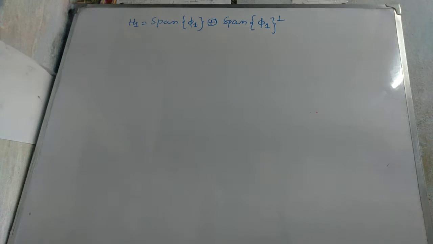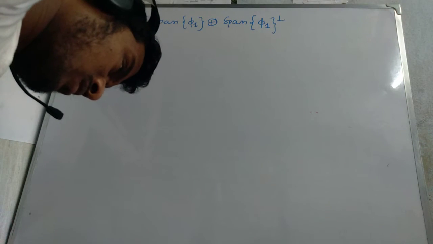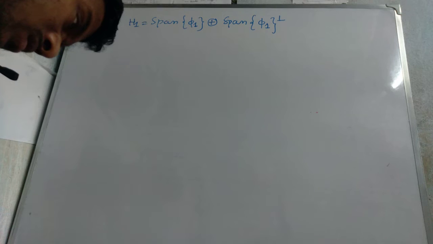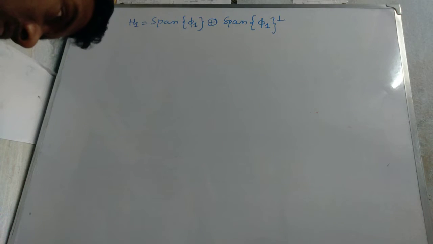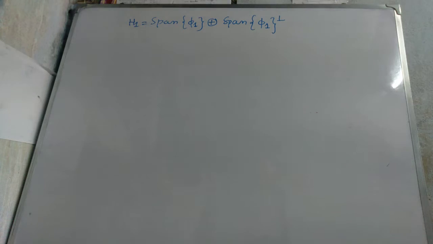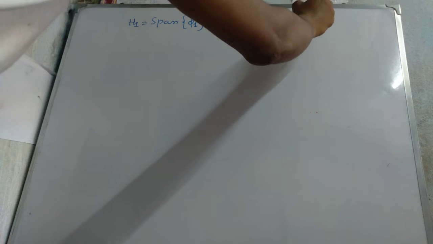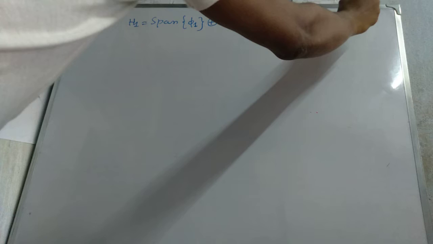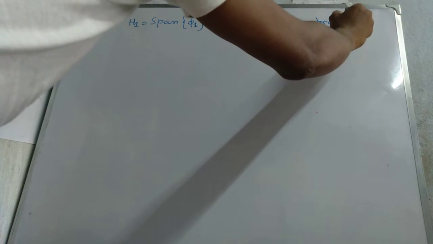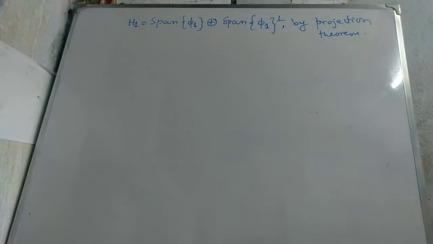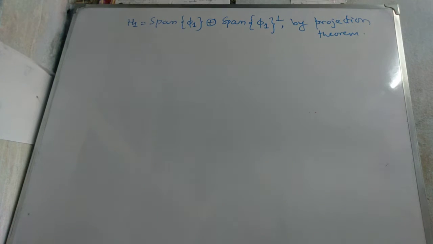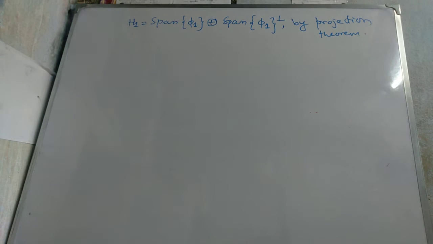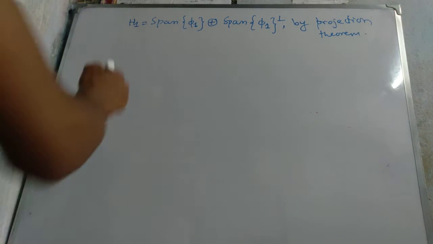We erase this portion and go forward with the proof. By the projection theorem, that means H1 is represented as H1 equals the span of phi 1 direct sum the span of phi 1 perpendicular.